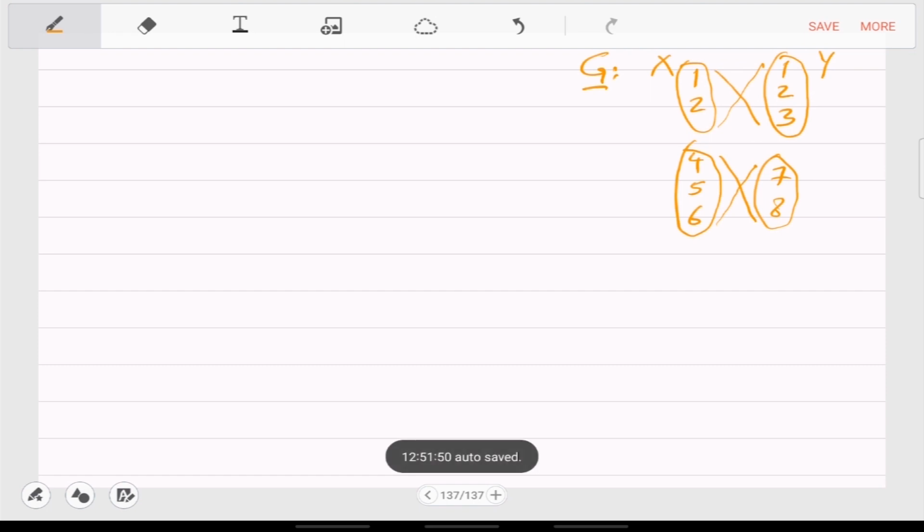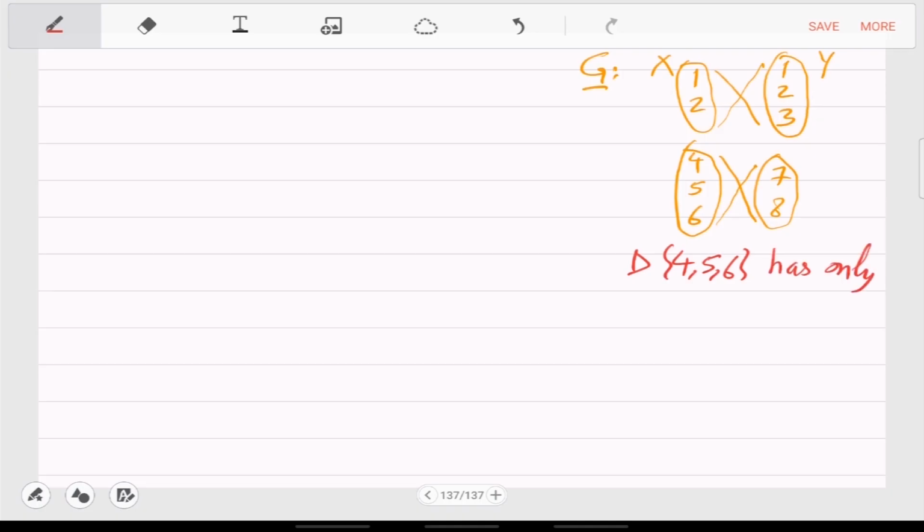Well, 1 and 2 clearly have many neighbors, 4, 5, 6 also, and their subsets also have enough neighbors. But if you look at 4, 5, 6, then the problem is that the neighbors of 4, 5, 6 are only 2. So for any proper subset of 4, 5, 6, there are enough neighbors, but if you look at 4, 5, 6 whole, then for 3 vertices, there are only 2 neighbors.